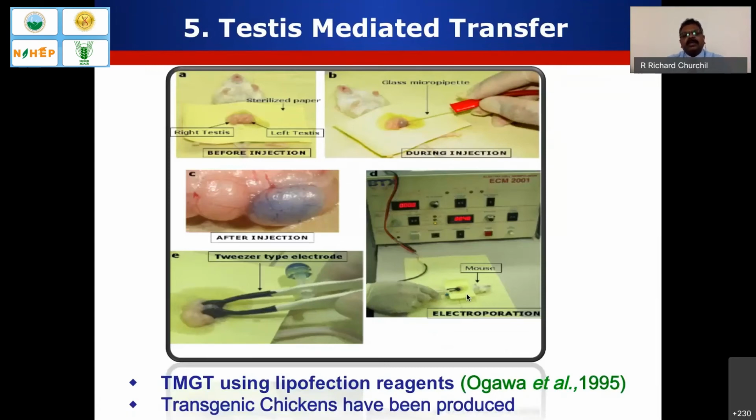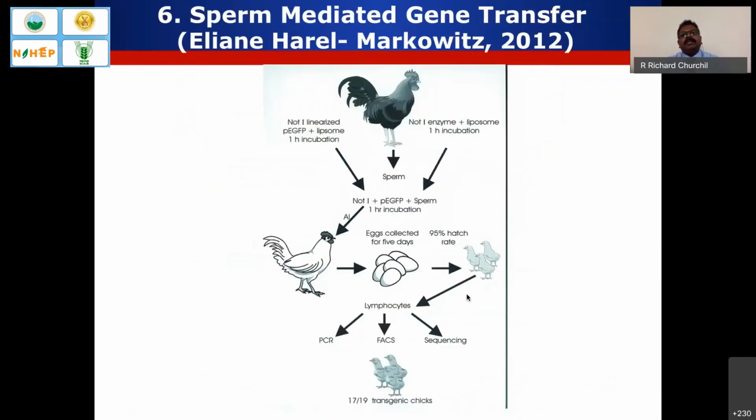And the other method is sperm-mediated gene transfer, where the sperm is collected from a donor, and the sperm is treated with some foreign gene at room temperature. So some sperms will take up the foreign gene, and the transgenic spermatozoa will be inseminated in a normal hen, and the chicks produced will be transgenic.